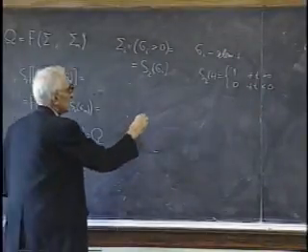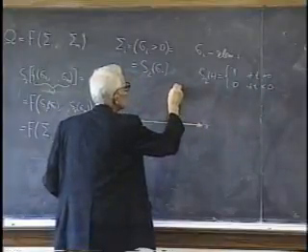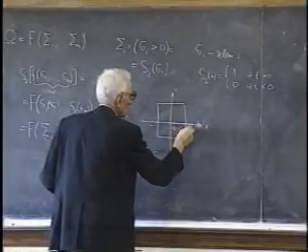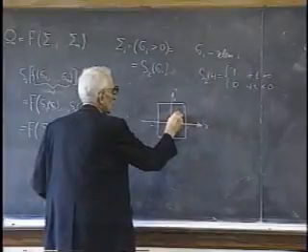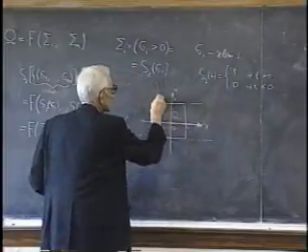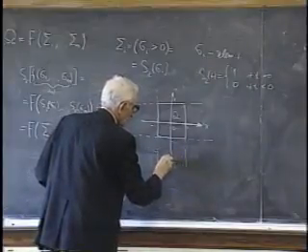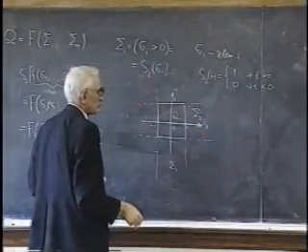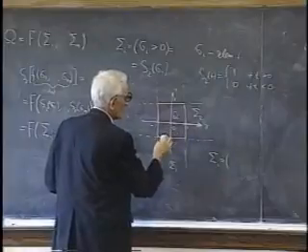For example, consider a square. This square we can consider like intersections of strips. Vertical strips and horizontal strips. Sigma 1, we can give inequalities.